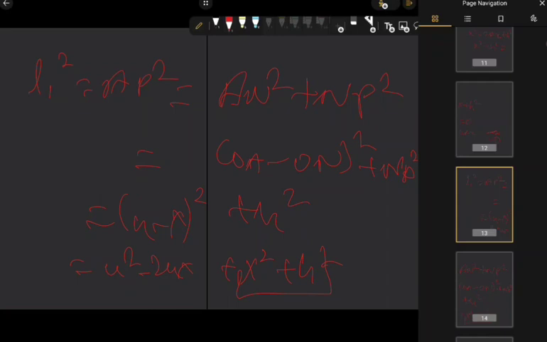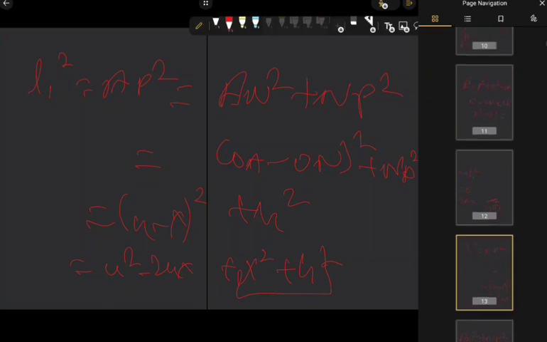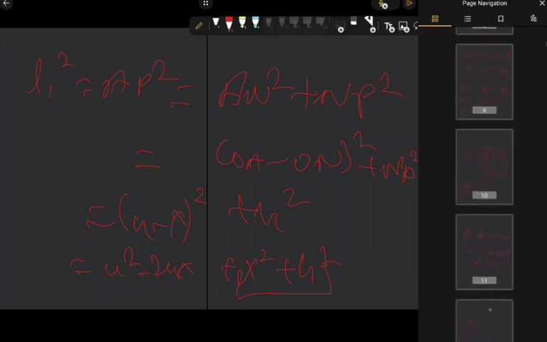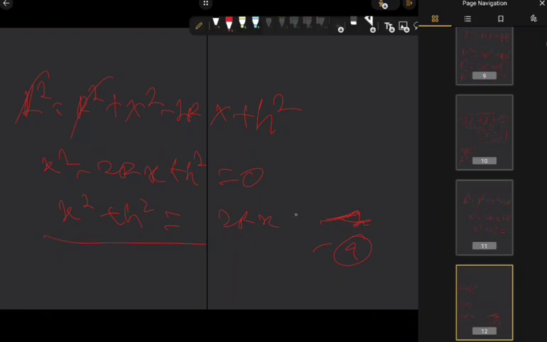Now you know this very well that your L1 square has come out to be equal to this, but this x square plus h square is equal to what? You have found out in the previous slide that x square plus h square is equal to 2rx.